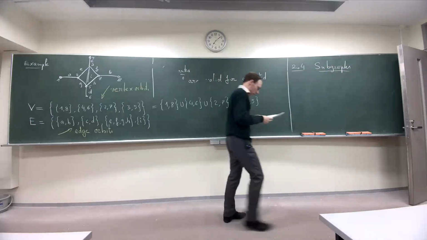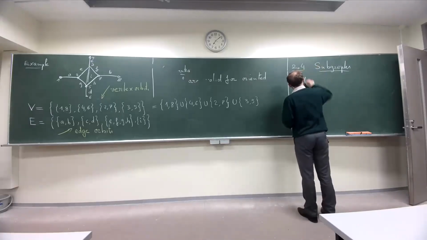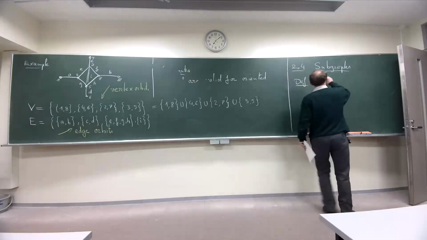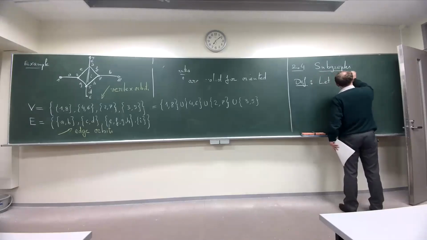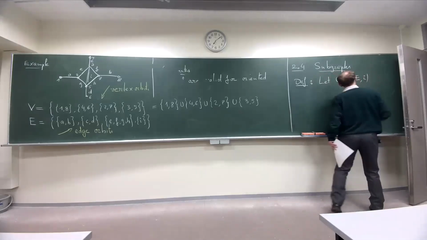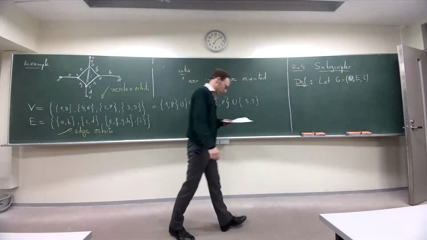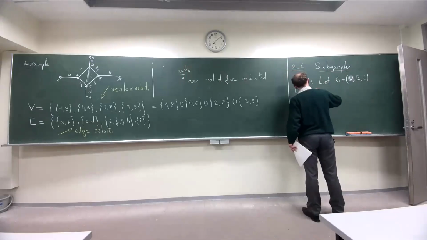I already mentioned what a subgraph is, but I need to introduce a few things which are important in applications. So let G be a graph. It's a set of vertices, a set of edges, and remember this I, if we want to speak about multiple edges, we need this. And I assume that it is undirected.